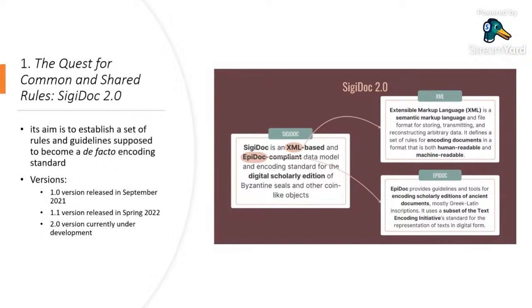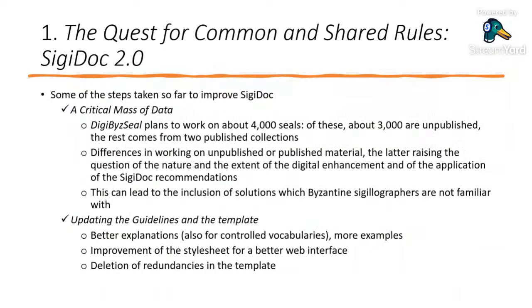The first release of sigillographic was in September 21, and we also had an intermediate version a couple of years ago. So those are the main components, to say it very shortly, of sigillographic. This is the first tool, if I can use this word, developed to properly manage and handle our data.